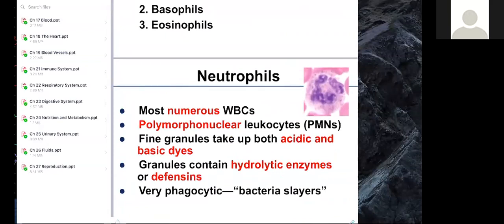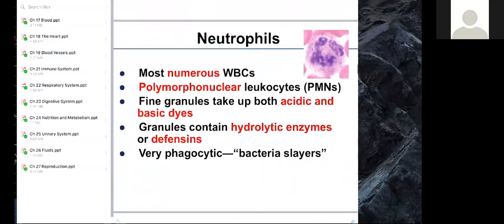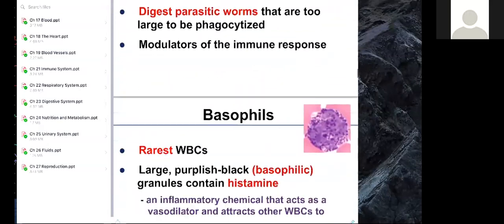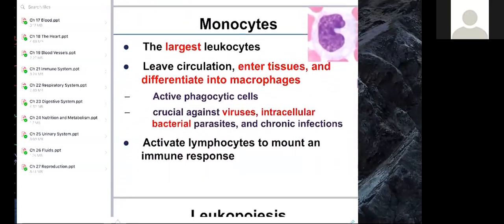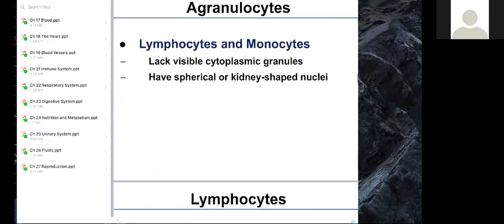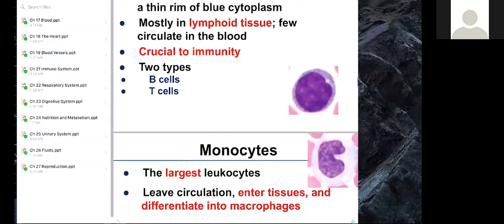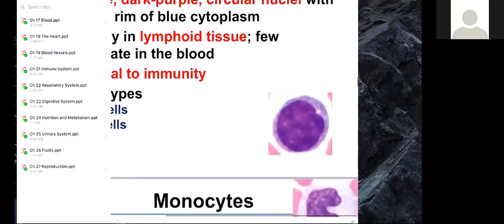This is a very important thing. So you need to be able to identify neutrophils, eosinophils, basophils, lymphocytes, and monocytes, and of course the red blood cells.